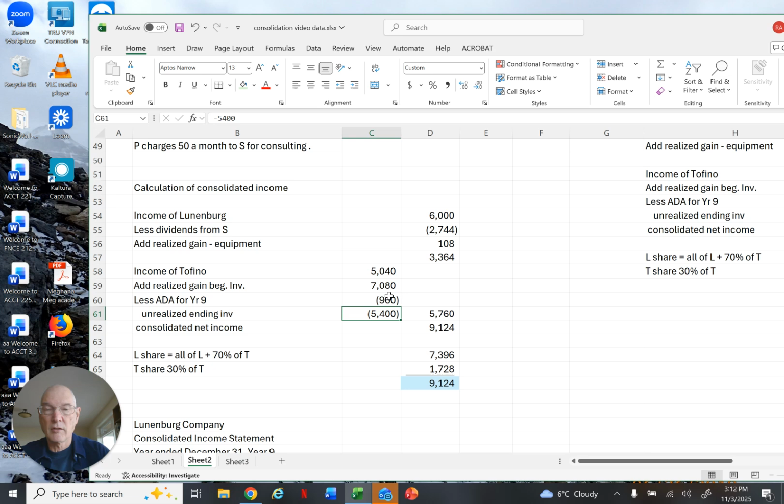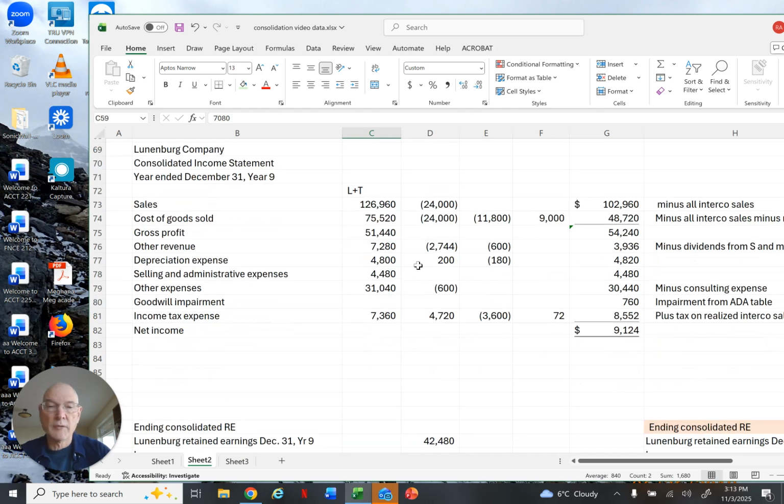So notice that for both the realized profit and the unrealized profit, these are at net in our calculation, but each of them has a cost of goods sold and an income tax item on the income statement, equaling the net amount. Okay, so that takes care of a big part of our income statement.